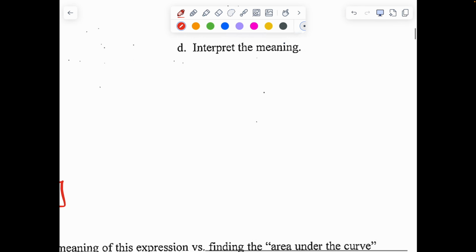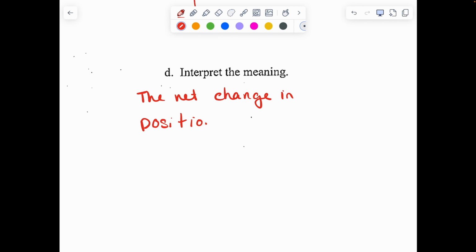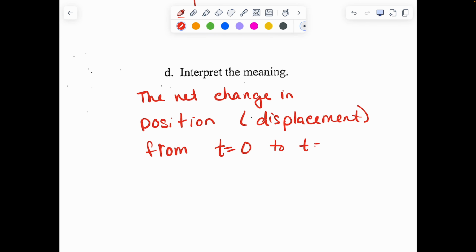Okay, so interpret the meaning. It's the net change, the accumulation in position, which is also known as the displacement from time 0 to time 4 is 12 feet.